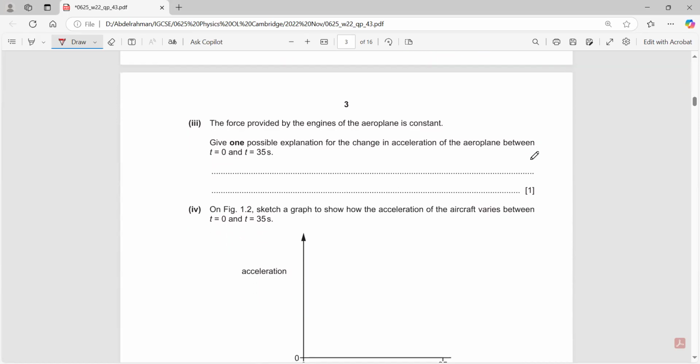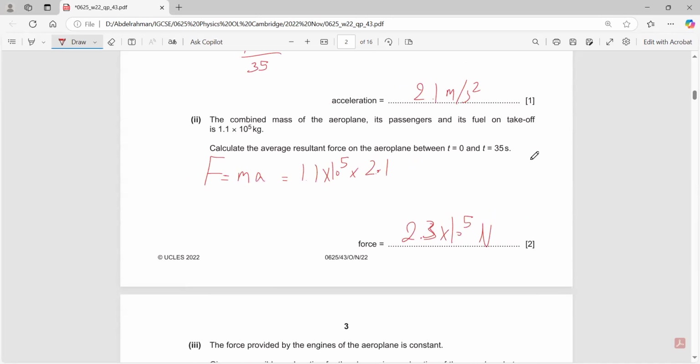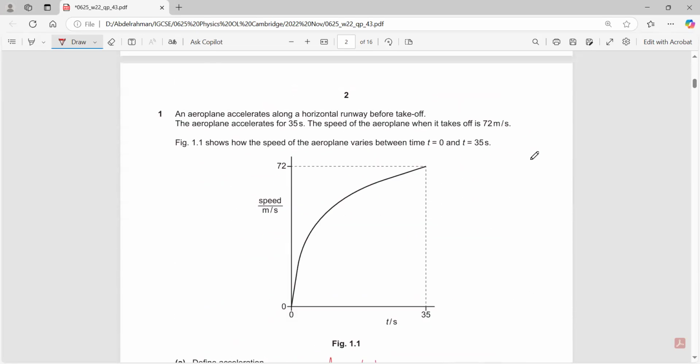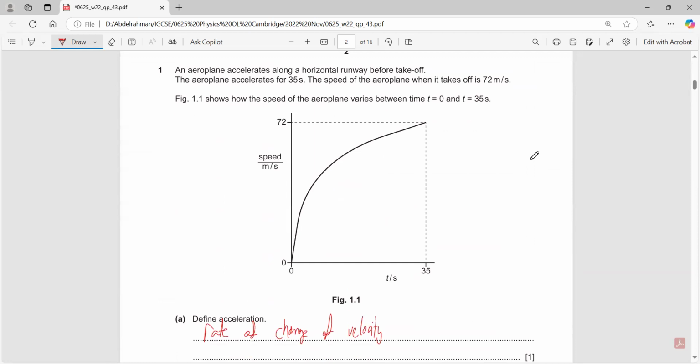The force provided by the engines of the airplane is constant. Give one possible explanation for the change in acceleration of the plane between 0 and 35. So the force is now constant. If the forward force is constant, why is the graph this way? Why is the acceleration decreasing?